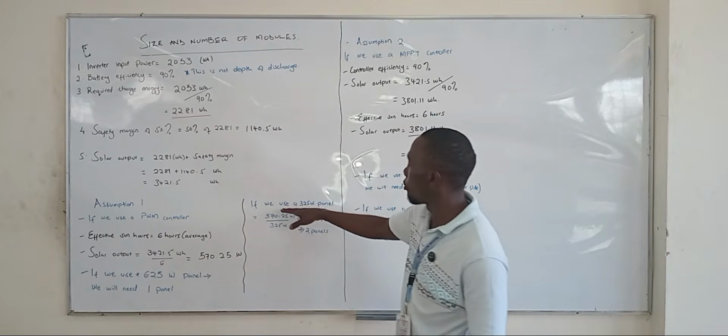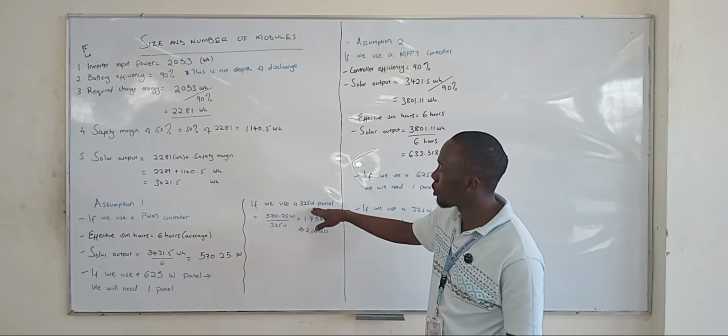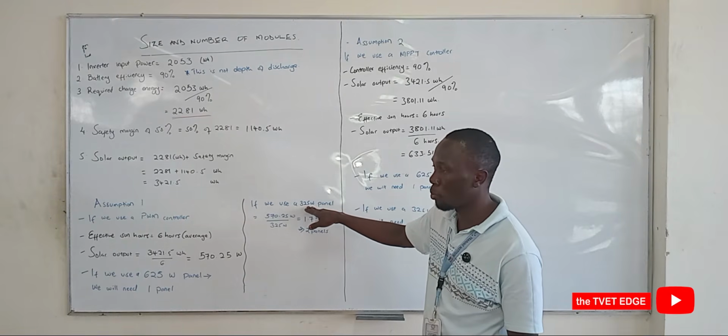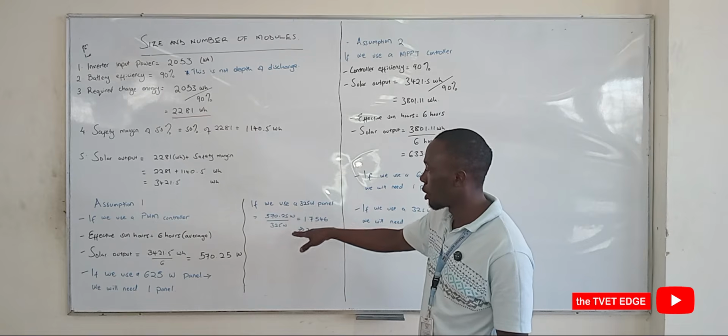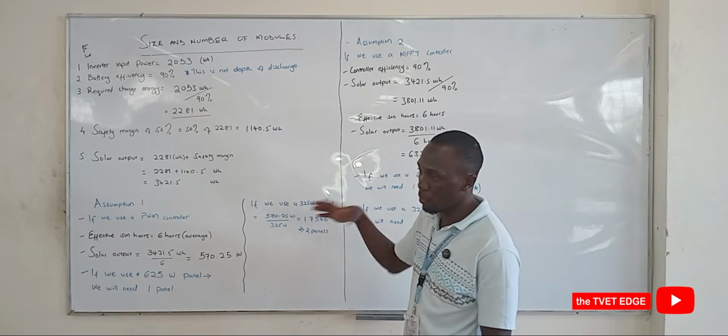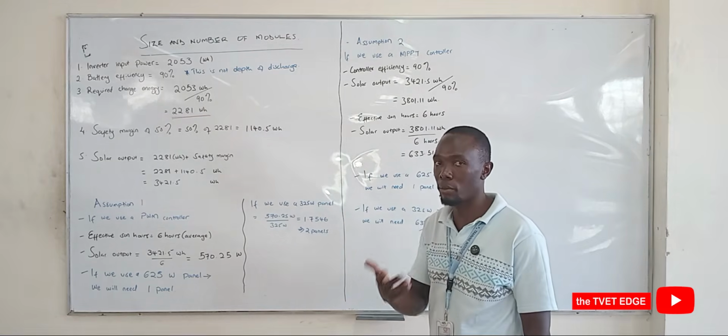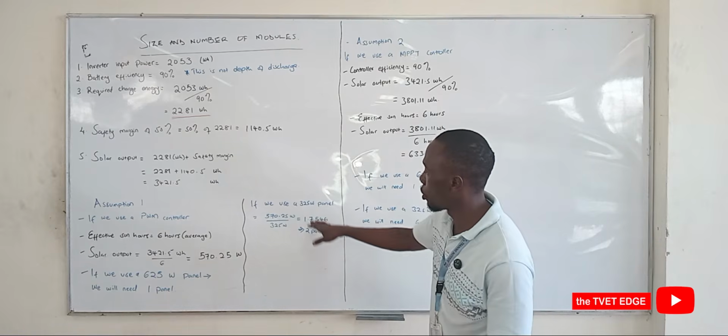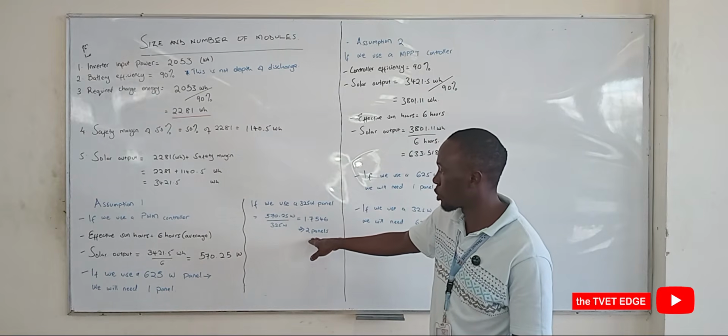Or if we use a 325, for this case, use any value. Just pick any panels in the market. Now play around with these values. They will just help you understand the system even better and correctly. So if we use a 325 watt panel, we'll get two panels.